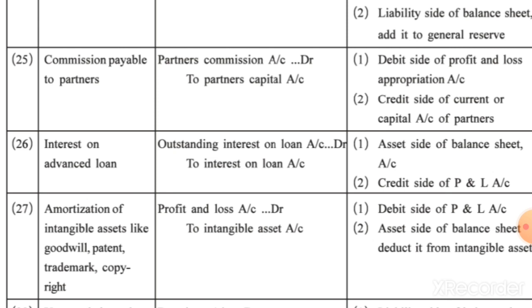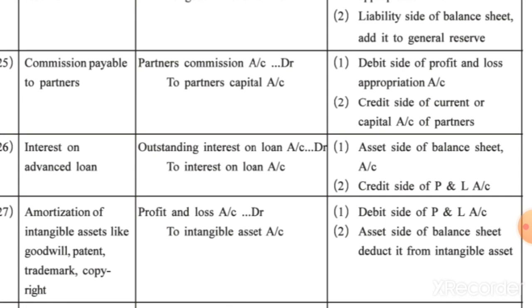So the first effect, that would be debit side of P&L account, and the second effect on the asset side of balance sheet, you will deduct it from intangible assets. Suppose patent amount is there, you will write off that much amount of patent every year. So out of 50,000, suppose 10,000 you are writing off every year, so you have to deduct 10,000 from the patent on the asset side of balance sheet, and 10,000 you'll be showing on the debit side of P&L account.